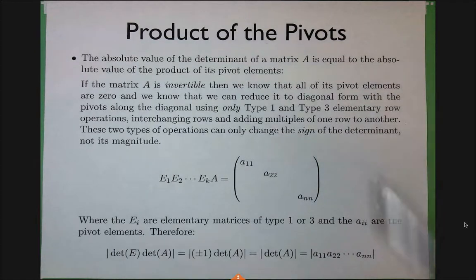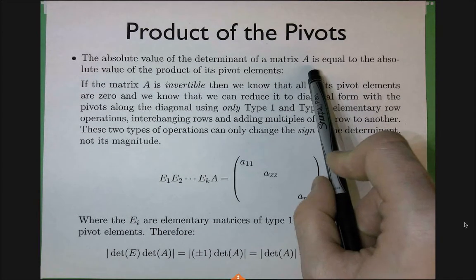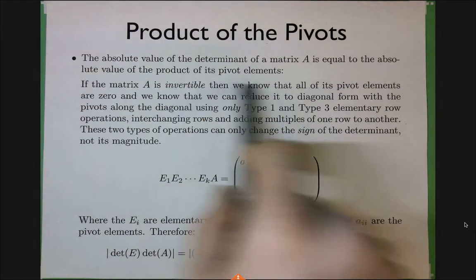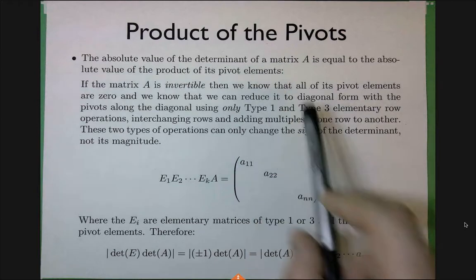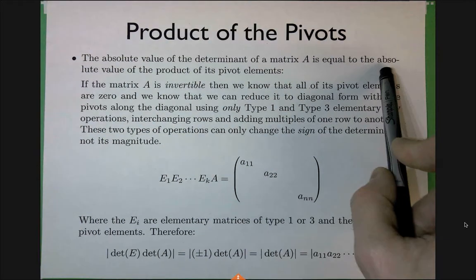This eventually will lead us to the statement that the determinant of a matrix is 0 if and only if the matrix is singular. But let's start with these observations. First we observe that the absolute value of the determinant is equal to the absolute value of the product of its pivot elements. So it's almost the same up to a sign. That's what I mean by the absolute value here.